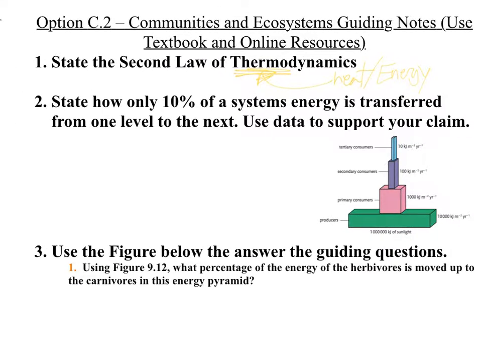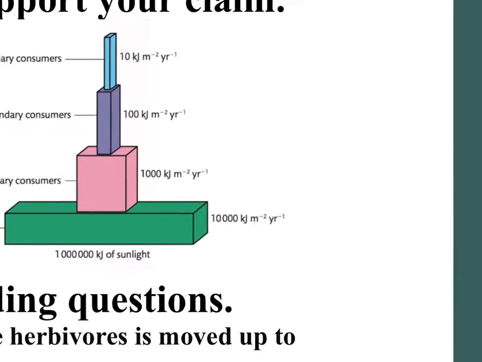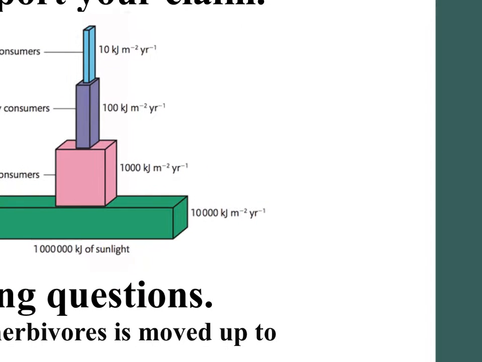State how only 10% of a system's energy is transferred from one level to the next. Use your data to support the claim. So what you're going to do is whatever kind of math problems you want to show 10% is transferred. So you can take your base level and divide it.